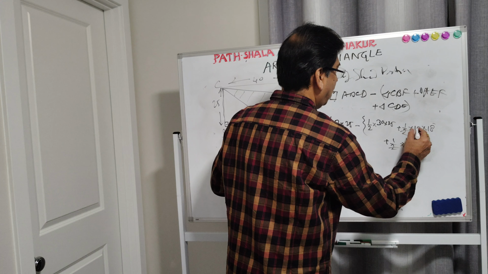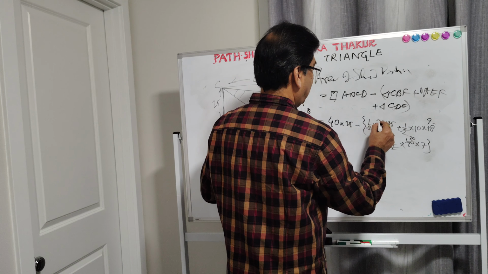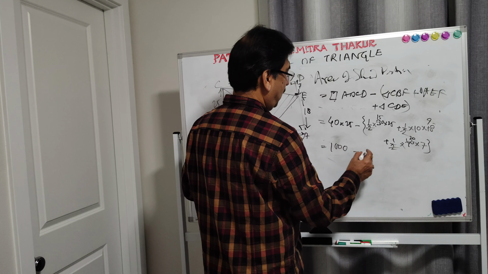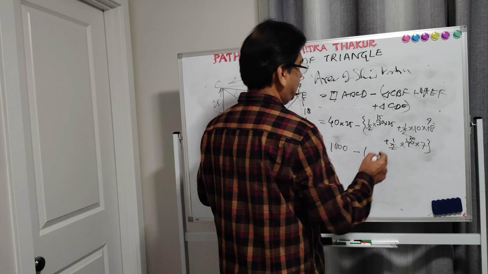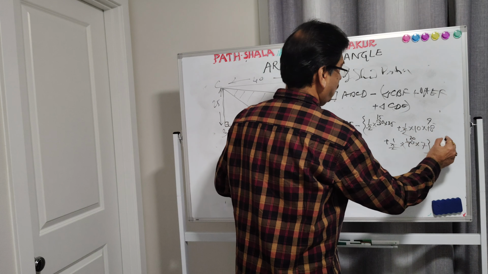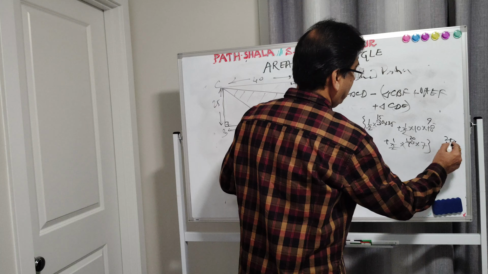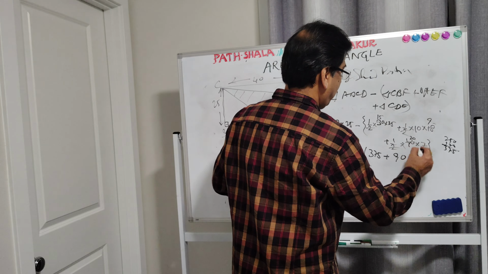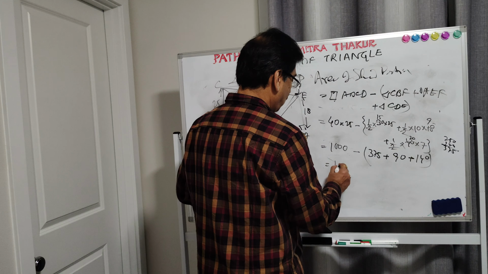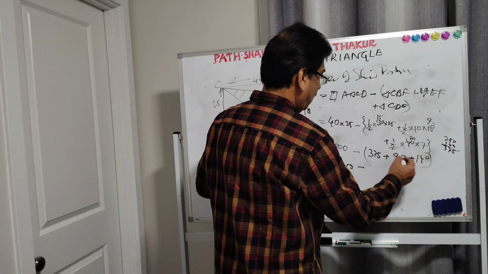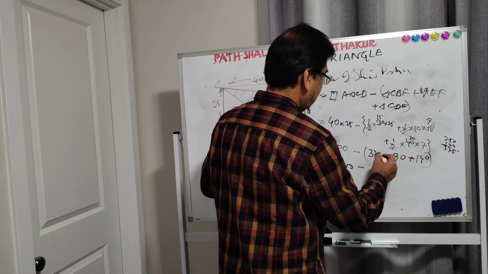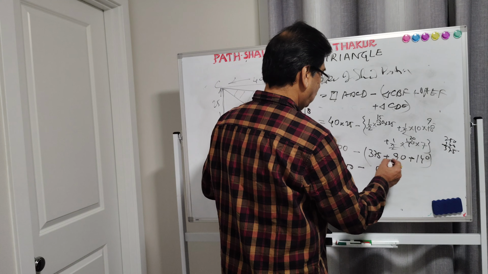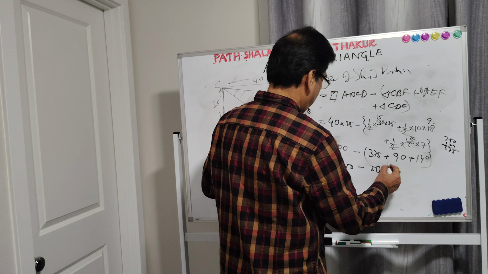That is 1000 minus 375 plus 90 plus 140, which is 1000 minus 505.